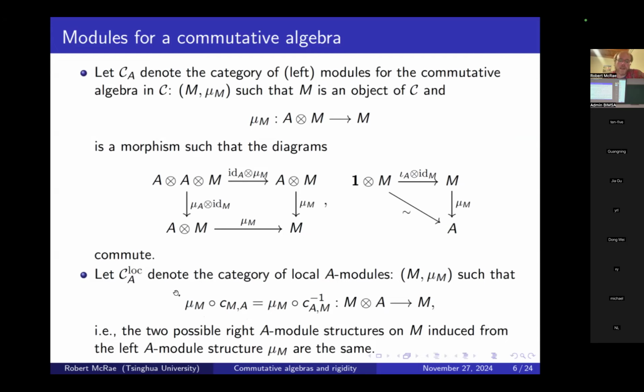And I want to say that a module is local if the two right module structures that you define in these two different ways are actually the same. So composing the multiplication with the braiding is the same as composing the multiplication with the inverse braiding. So that would be a subcategory of CA.